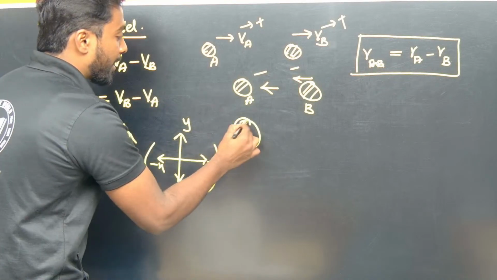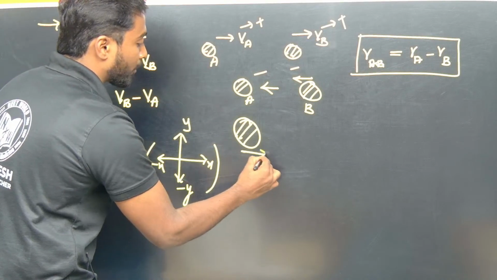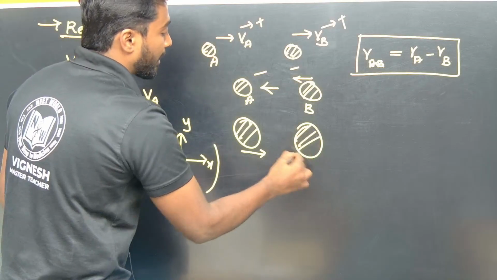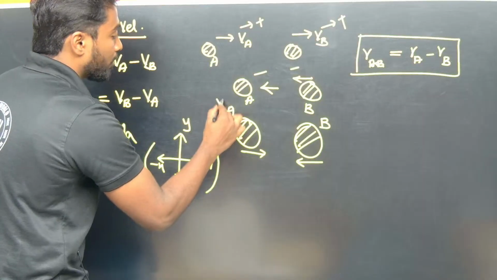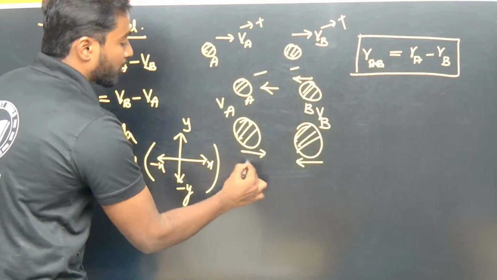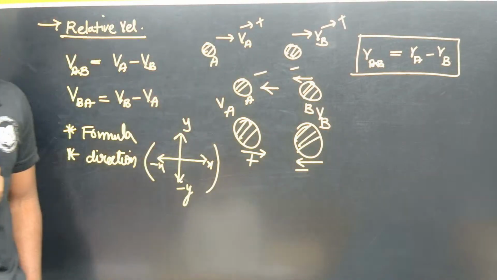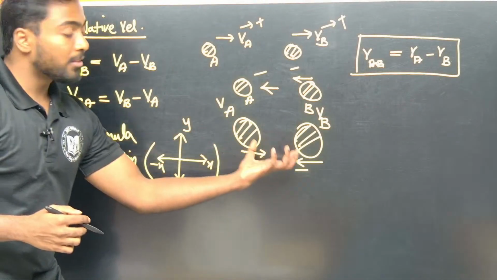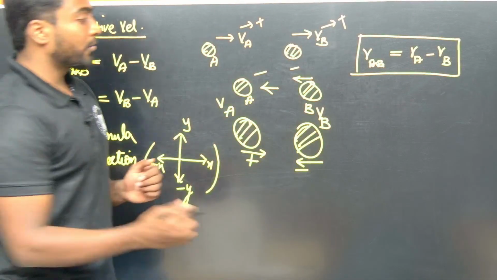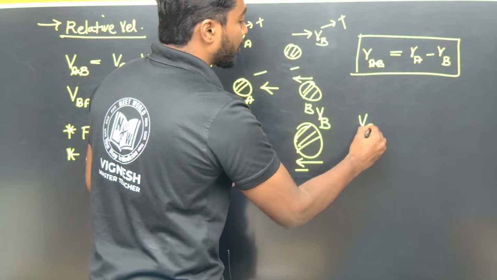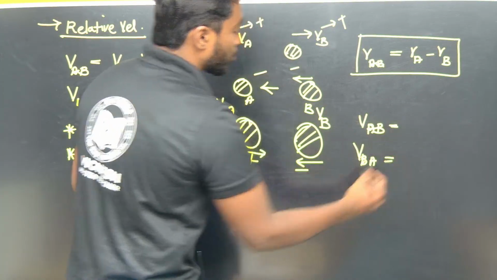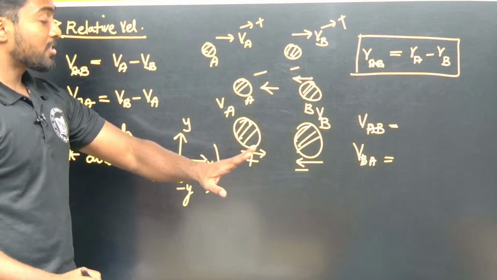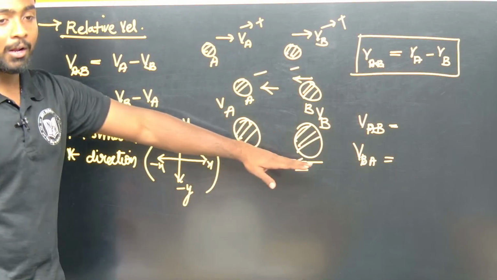Now object A is going from left to right, object B from right to left. This is A and this is B, with velocities VA and VB. This is my positive, this is my negative. Suppose they are asking the velocity of A with respect to B and the velocity of B with respect to A. What should I do? First, don't ever try to go for the direction.